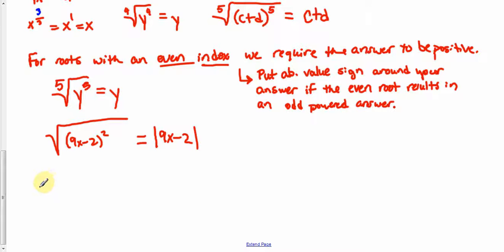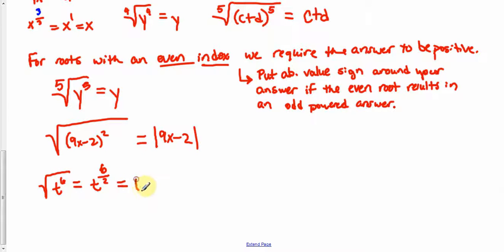Okay, so what if I gave you the square root of t to the 6th? Now, like I said, I like to think about this in terms of division. So I would rewrite this as t to the 6 divided by, what's the index out here? 2.